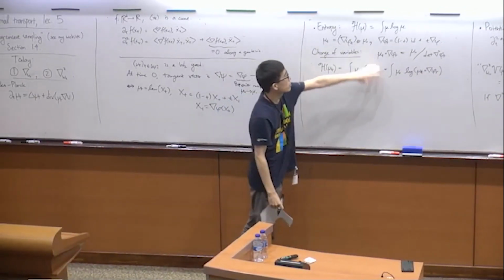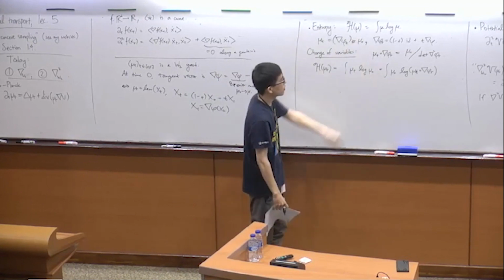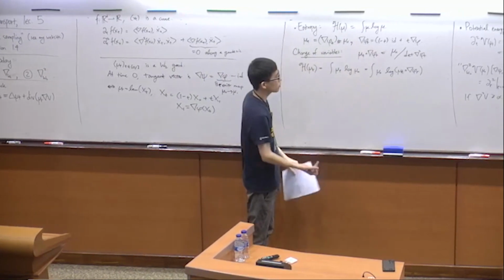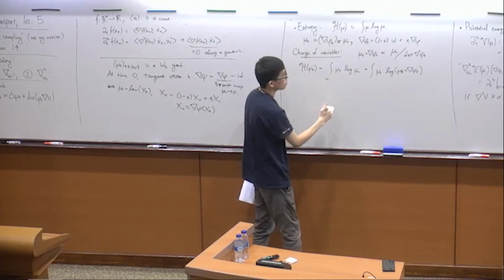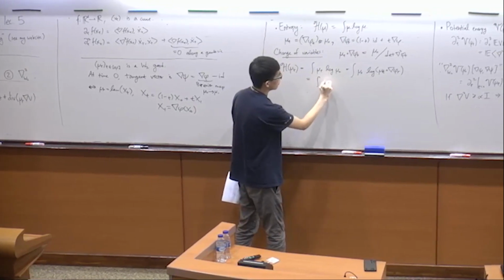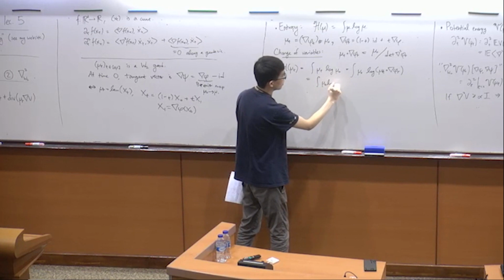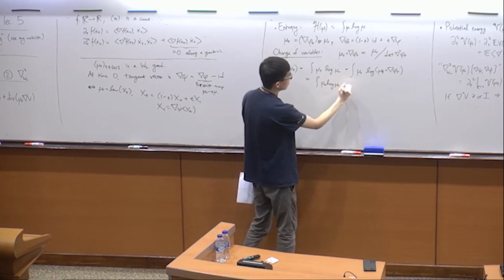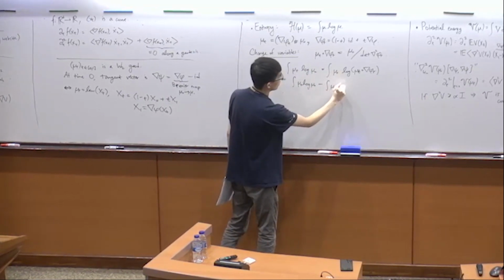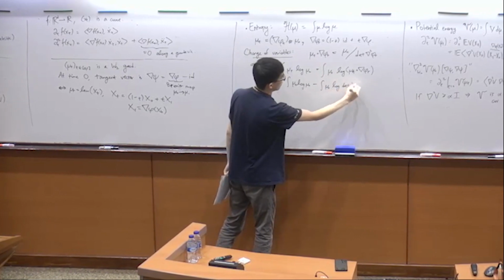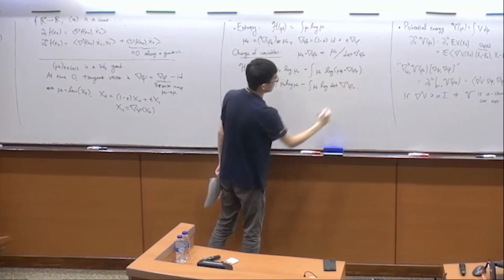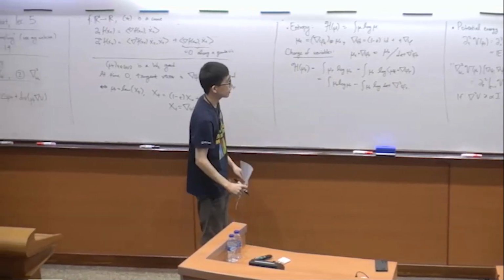Now I can plug in the formula for mu t composed with grad phi t. It will give me two terms. The first is log mu0, and the second is minus the log determinant of the Hessian of phi t.